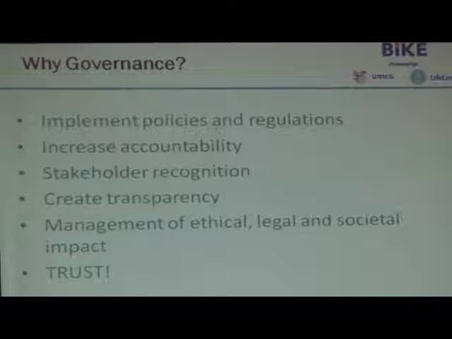Then it is very important to create transparency. What will be done with the samples? What can be done? What was done? And through governance you can create transparency. And transparency is an important element not only for researchers to provide samples to a biobank, but also for participants to participate in research with biobanks, because they need to be fully aware what happens with the samples, what happens with types of research, what is allowed, what's not allowed.